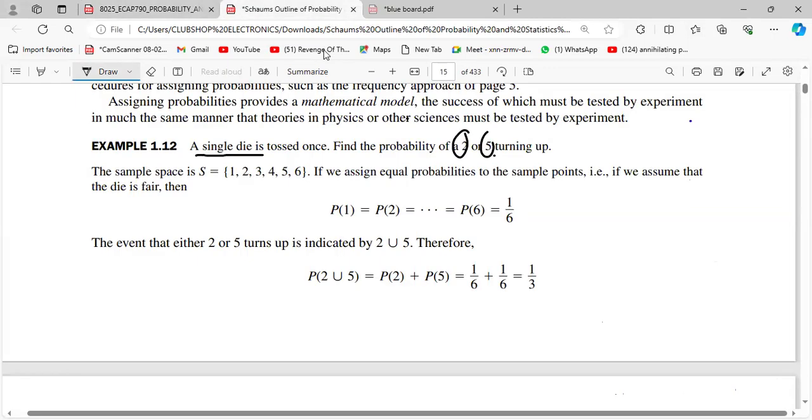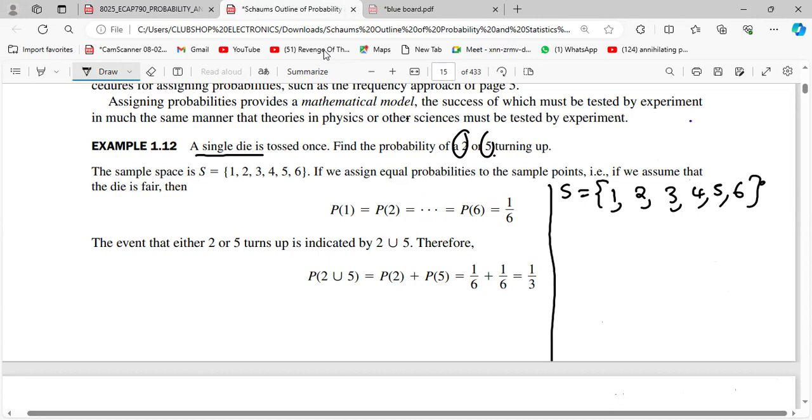Okay, so I want to use this space. If we toss a die, how many things do we expect to have? We expect to have 6. Either 1 will show up, 2 will show up, 3 will show up, 4 may turn up, 5 may turn up, equally 6 may turn up. And it is not possible that as it turns up, 2 and 5 will appear at the same time.